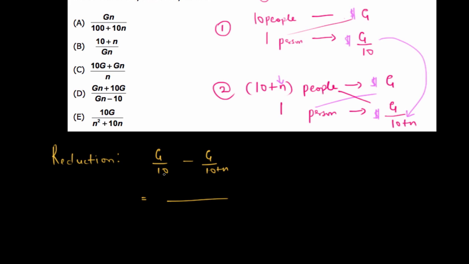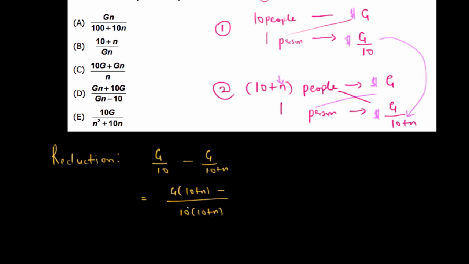To find that, we find the LCM of 10 and 10 plus n, which is 10 multiplied by 10 plus n. Dividing, 10 goes into the first denominator, leaving 10 plus n. So this will be G times 10 plus n, minus 10 times G, divided by 10 times 10 plus n.